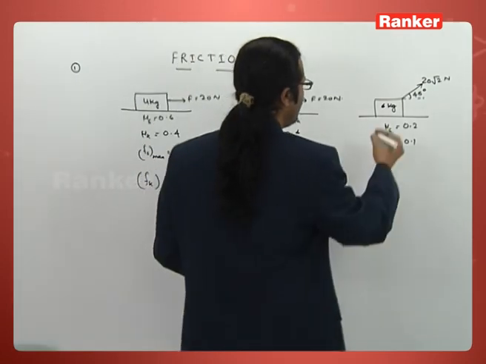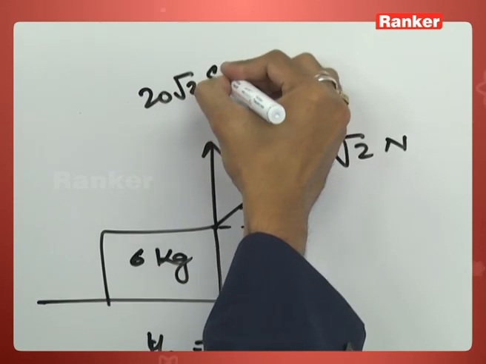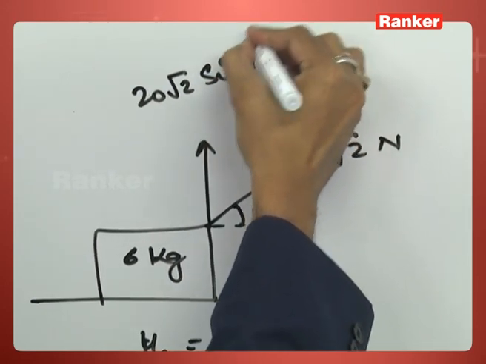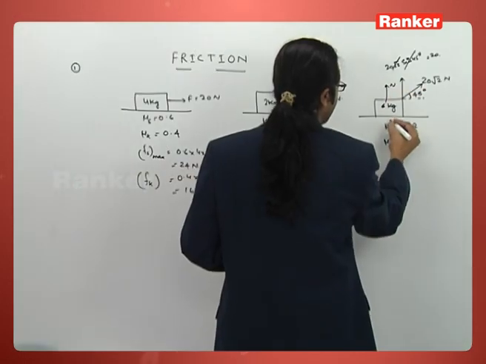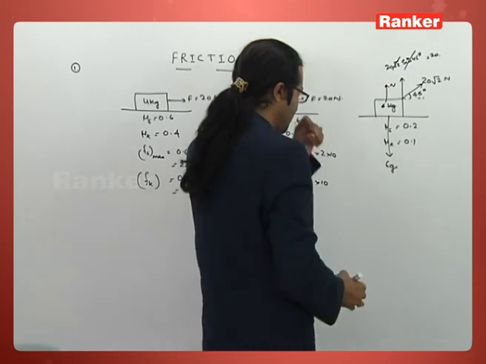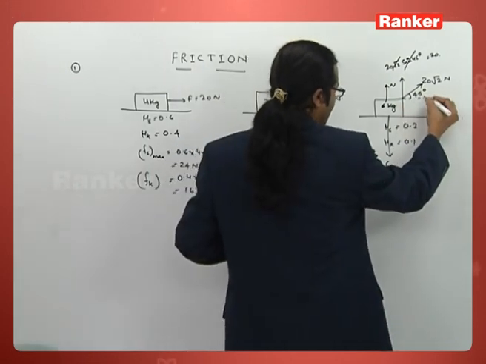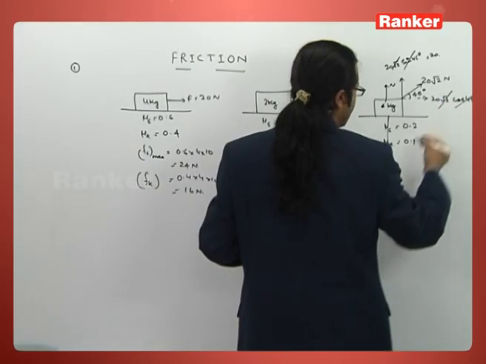In this case, it will be resolved in this way. This is 20 root 2 sine 45, which cancels out, this is 20. Here the normal force is like this. Here it is 60. And in the forward direction, this is 20 root 2 cos 45, again cancels out.